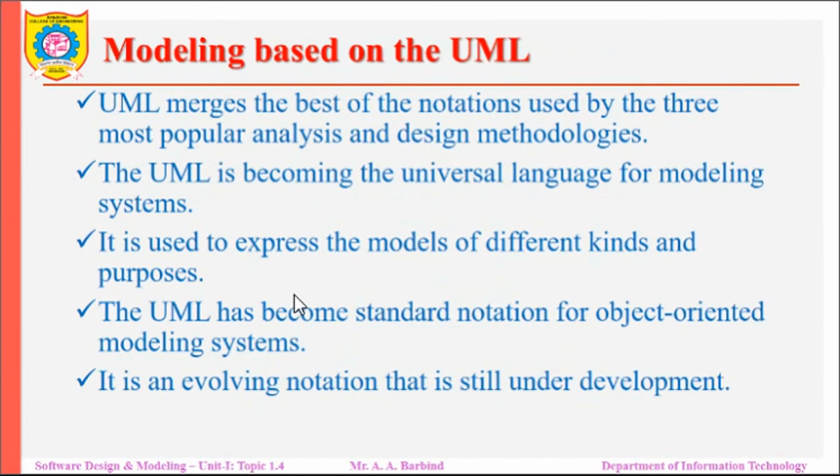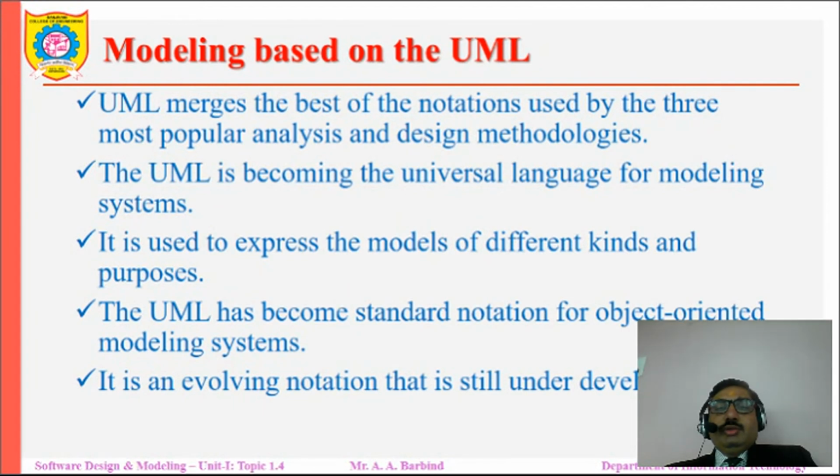Then modeling based on the UML. UML merges the best of the notations used by the three most popular analysis and design methodologies. They are by Rumbaugh, Booch, and Jacobson. The UML is becoming the universal language for modeling systems.